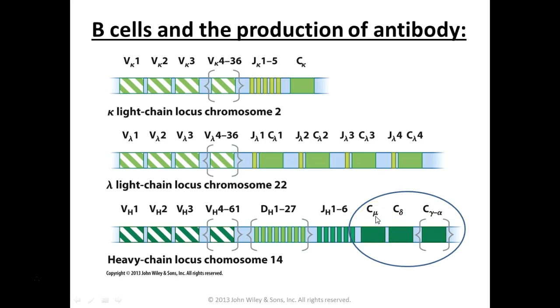So you'll notice that mu is written here. Mu is for M, right? In the Greek letters. That's for the first antibody that we produce. So that one's first because that's what we always make first.